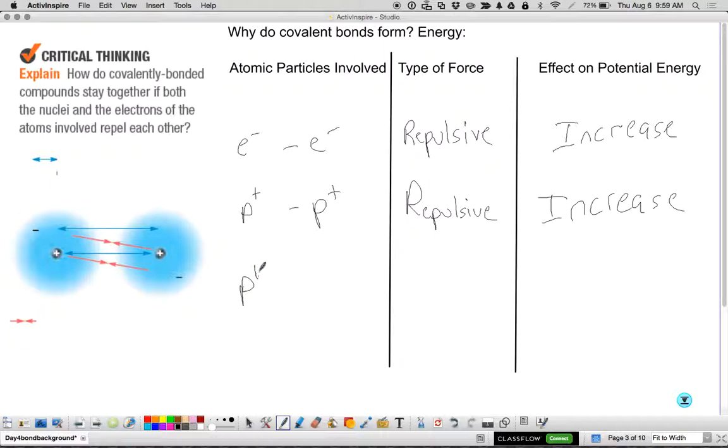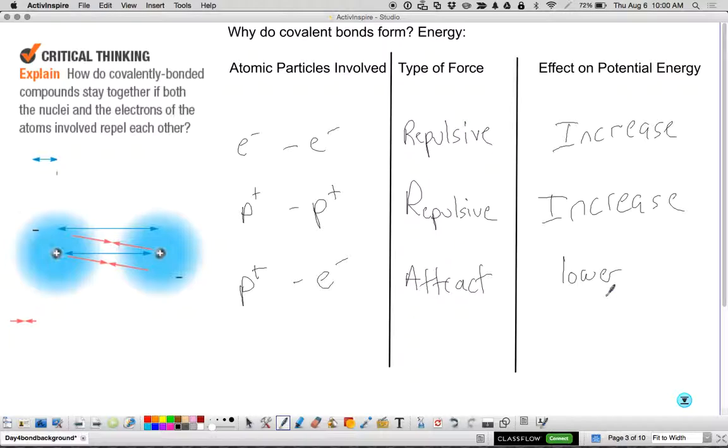Well, it's the last set, right? A proton interacting with an electron. So now we have opposite charges, so those are going to attract each other. Okay? And because they're attracting each other, they're going to be lowering potential energy. Because those two things sort of, quote unquote, want to be close together.